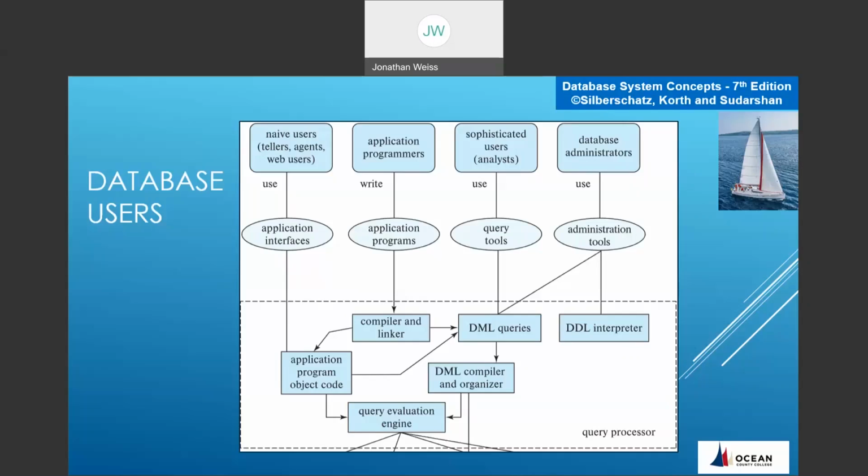Okay? The primary language of an analyst is SQL. The primary language of an application programmer is a programming language like Java. The primary language of a database administrator is Oracle administration or SQL Server administration, or whatever database tool they happen to be using to implement this.